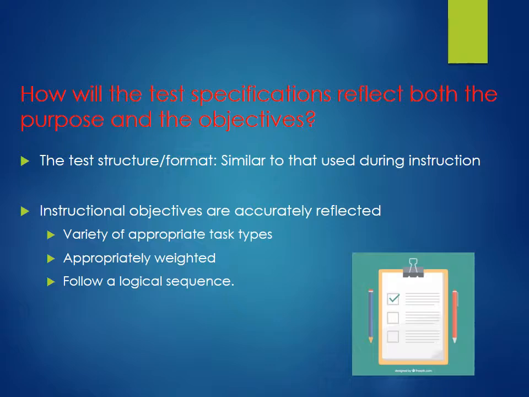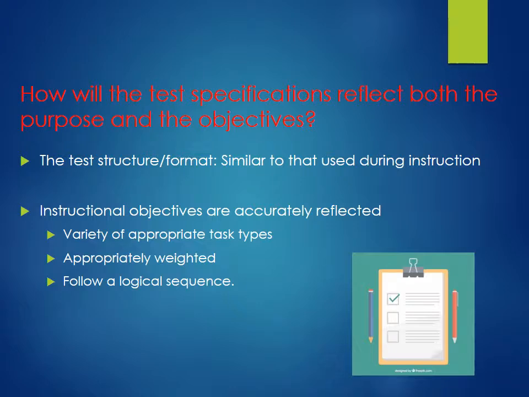For example, if a unit of your instruction was delivered primarily through verbal and oral modes, such as discussion or verbal responses from your students, would it be appropriate to administer a written test or a reading test of that content if there had not been any learning experiences where the students had been asked to write? This is one of the reasons why we must be clear about the language objectives and make sure that our test specifications match those language objectives as well as the content objectives.